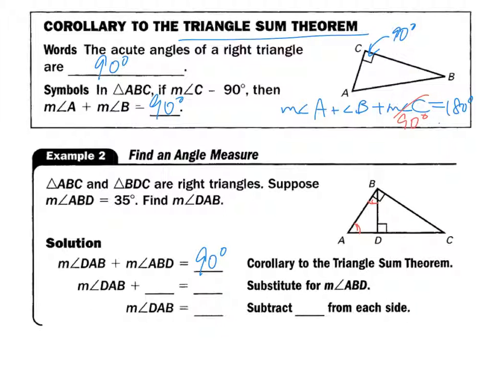That's because of the corollary to the triangle sum theorem. Angle DBA and ABD is 35 degrees. So angle DBA plus 35 has to equal 90. We just did a substitution. And now if I subtract 35 from both sides, angle DBA has to equal 55 degrees.